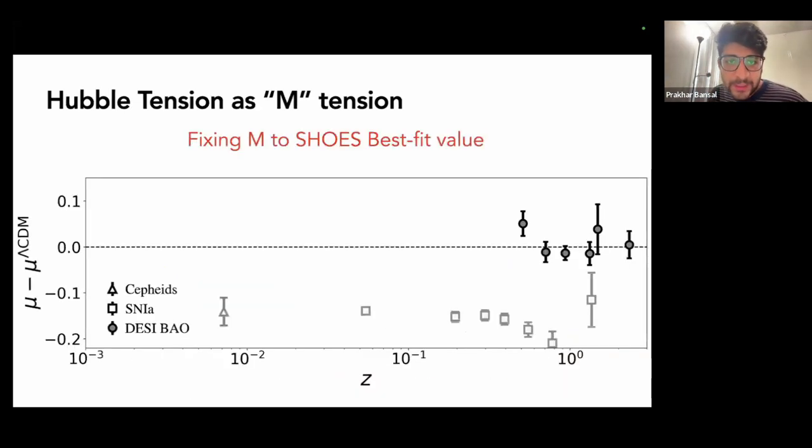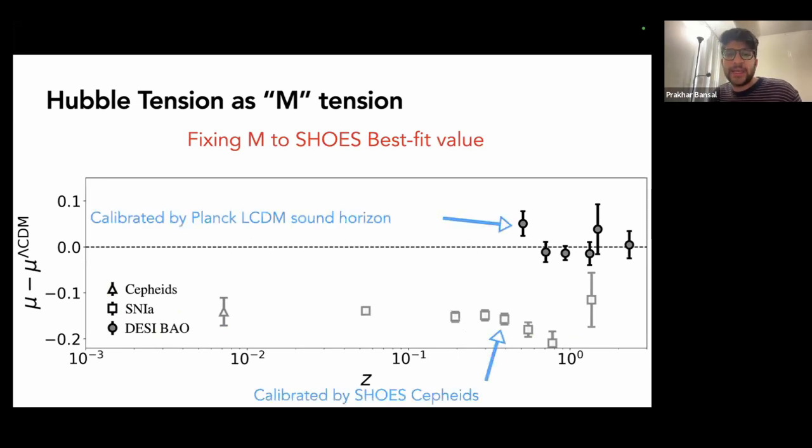Okay. Now, how to present the problem? There are two ways, and we have been using these kind of Hubble diagrams all throughout. So these small circles are the BAO points calibrated by the Planck lambda CDM sound horizon. And here, to depict what the problem is, we have taken the Pantheon plus SH0ES calibration by the SH0ES Cepheids, and applied that to all the points.